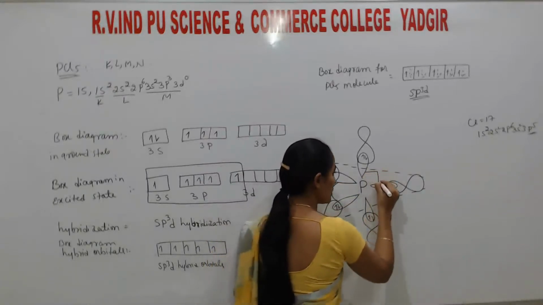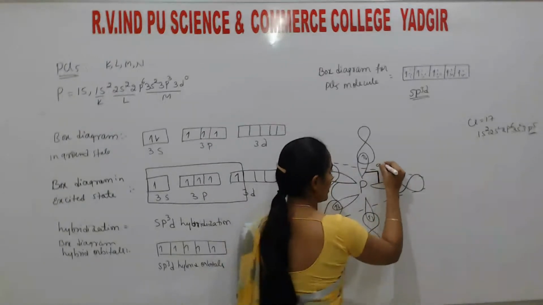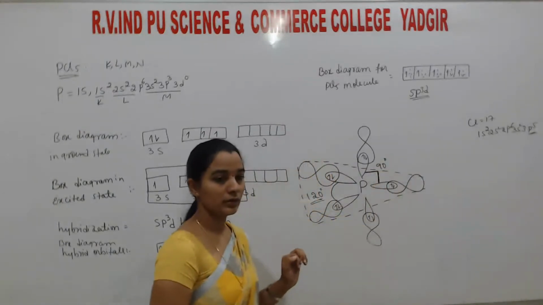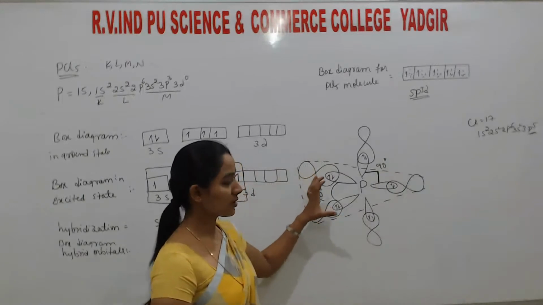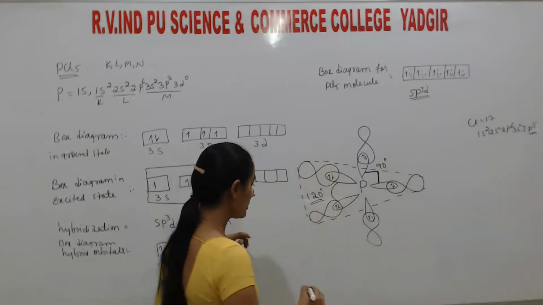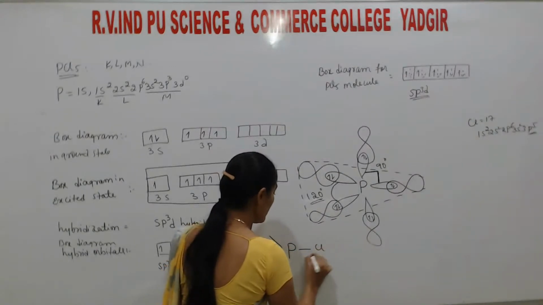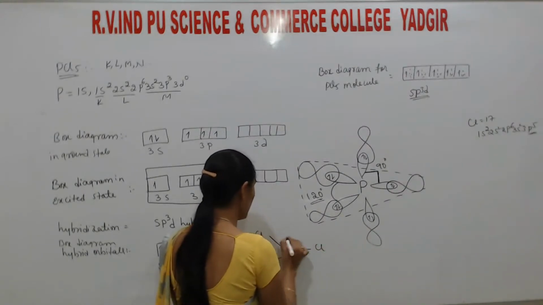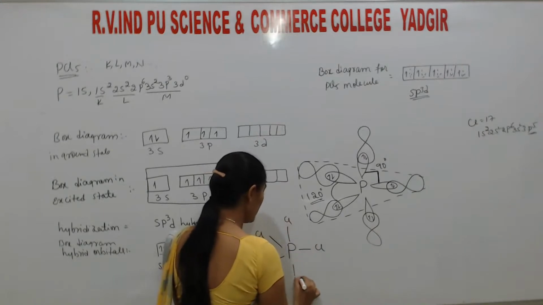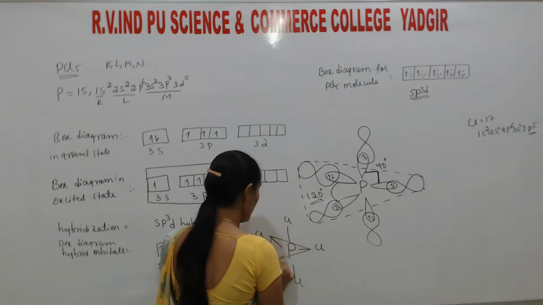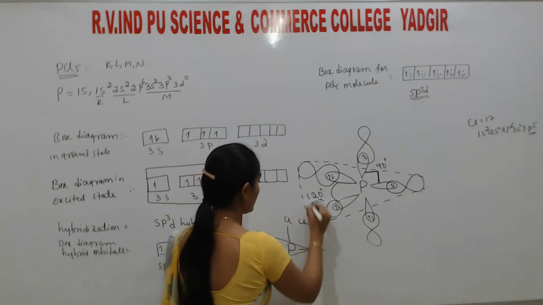In between these, the bond angle is 90 degrees. So this is the structure of PCl5. You simply write it like this: phosphorus, with Cl, Cl, Cl, Cl, Cl. This is the structure of PCl5. You can write Cl here.